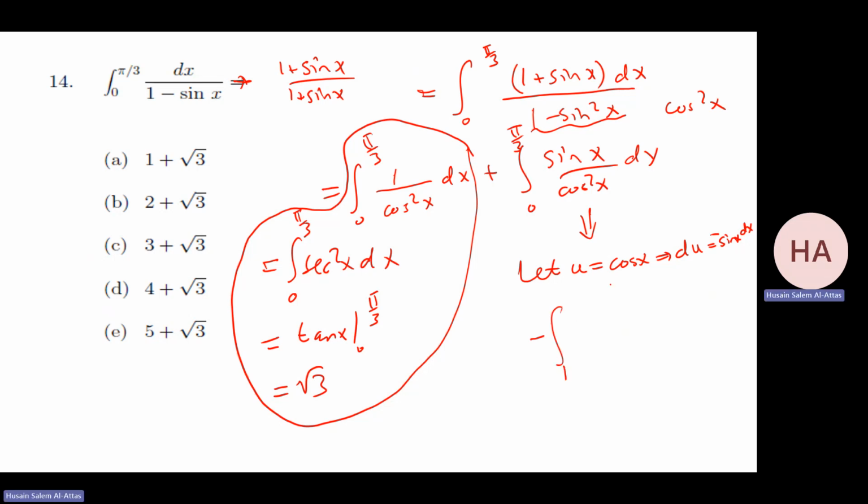Cosine 0, which is 1, cosine pi over 3, that will be half, with minus and minus outside. That will be du over u square, which is what? 1 over u from 1 to half. Yeah, it's minus 1 over u. With the minus, it becomes plus. So it will be 2 minus 1, which is 1. So the answer is square root of 3 plus 1, which is this.